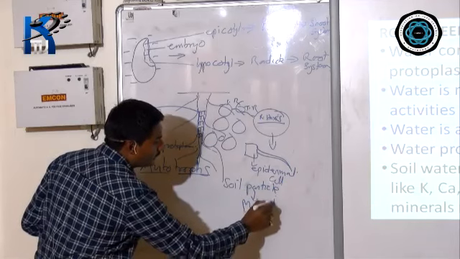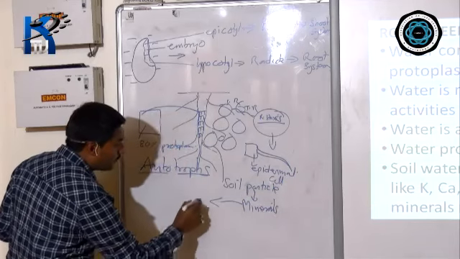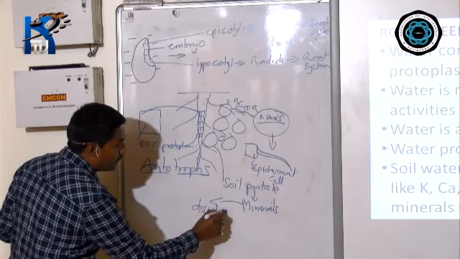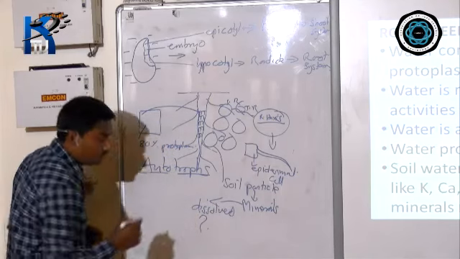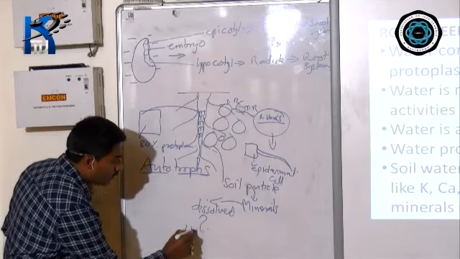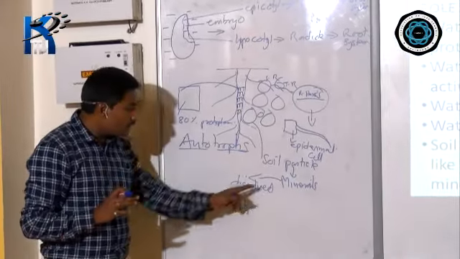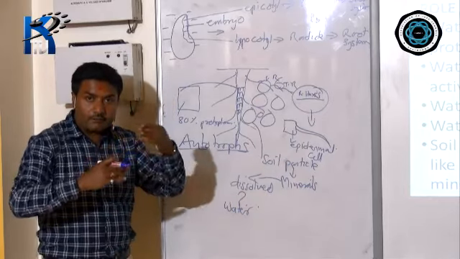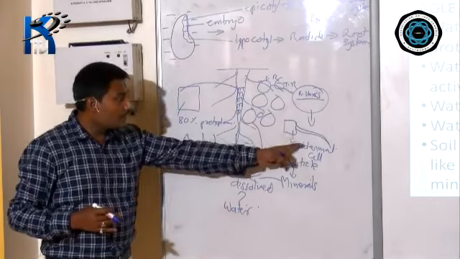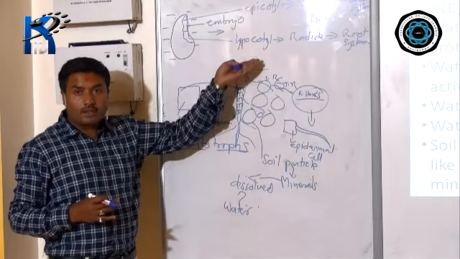These minerals need to be dissolved, and water is the only medium that can dissolve the minerals. Afterwards, when the minerals get dissolved, the root hairs can easily absorb this water and minerals.